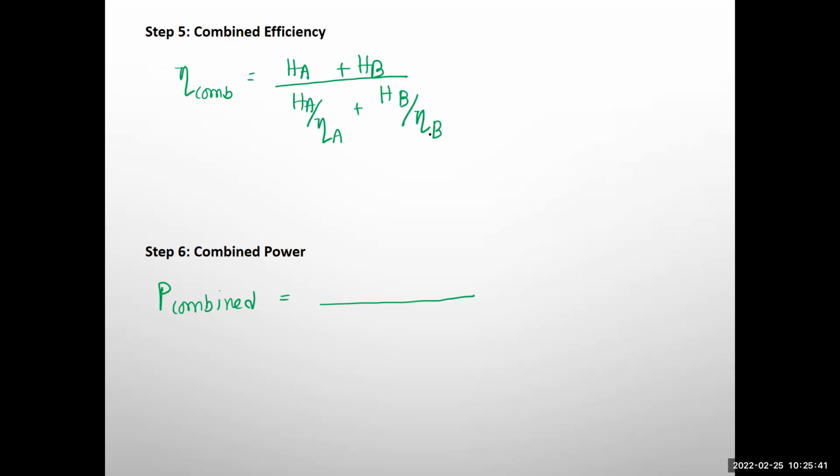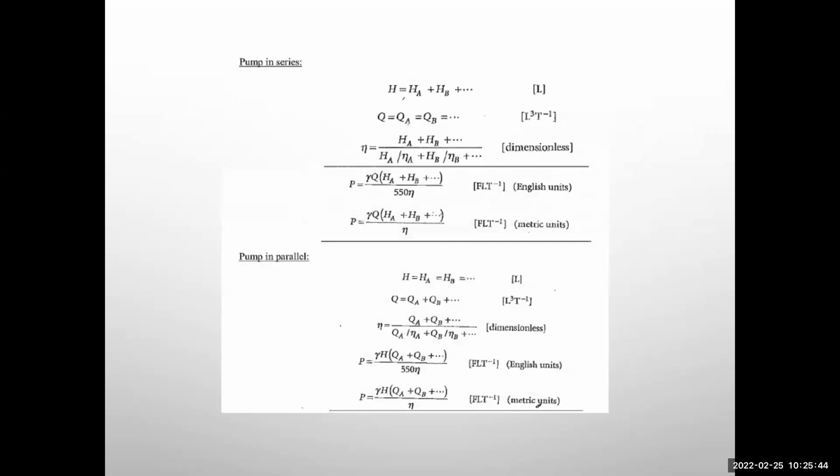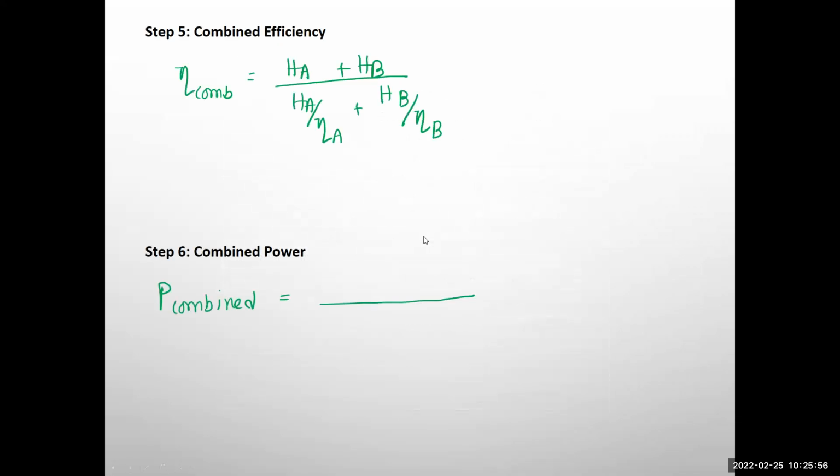From where I got this equation? In your lesson 15, you have this set of equations here. So from there, I'm using this epsilon eta and the power one. Okay. So let's do that. And for the power, gamma H or gamma Q, I will make a note on this side that power output equals gamma QH.